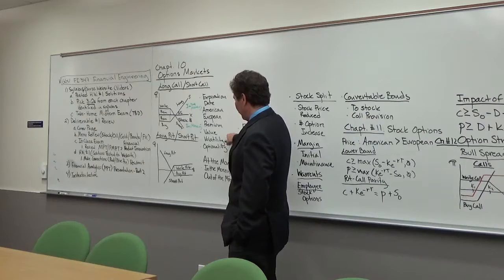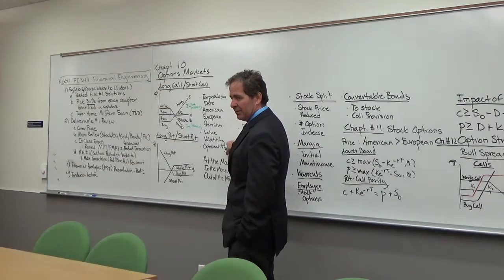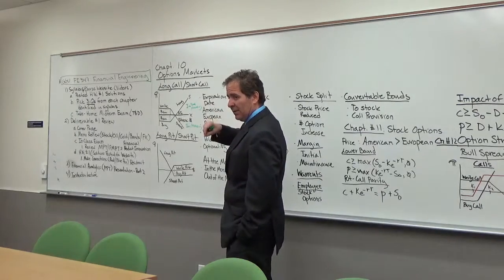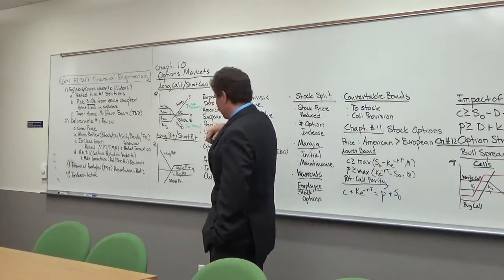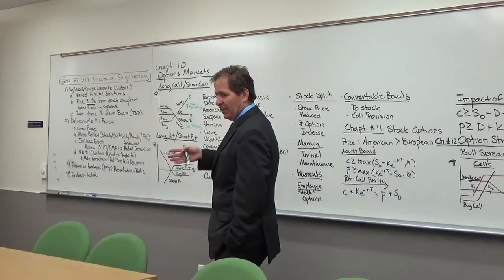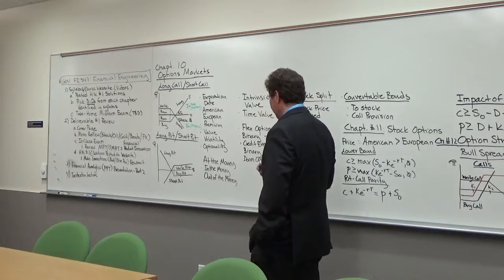And the value of the option is heavily influenced by the volatility in the underlying asset. So the more volatile the price is, the higher the option value. In optionality, the ability to exercise at any time during the option period.